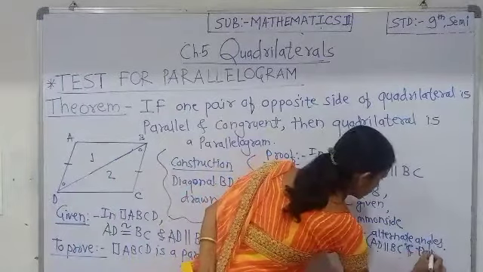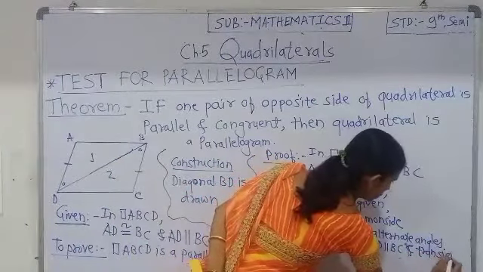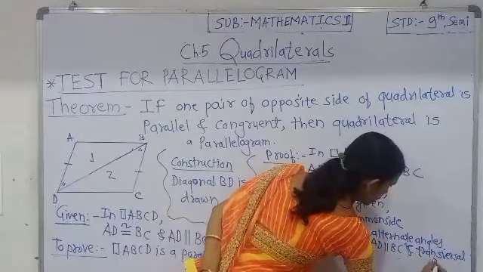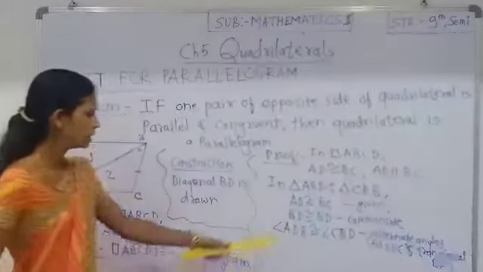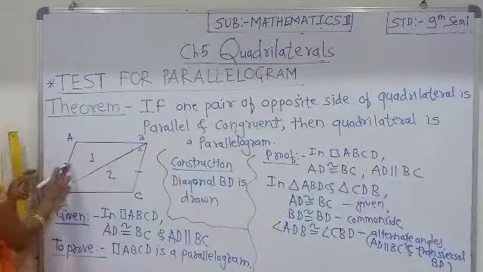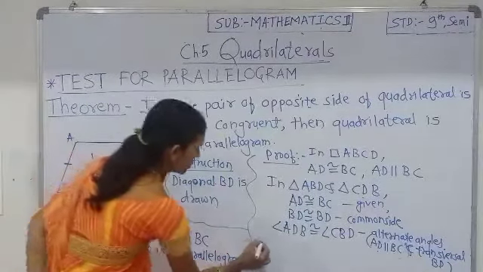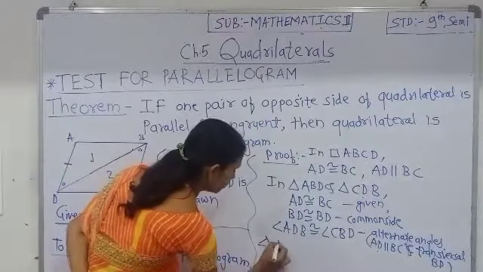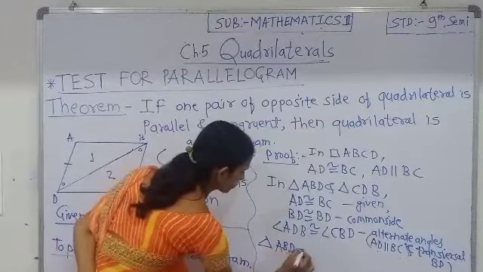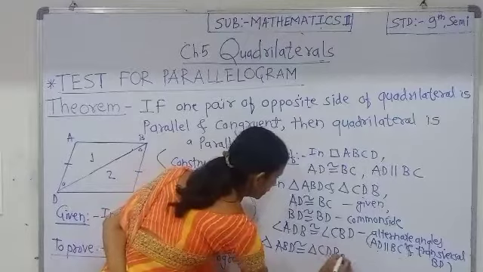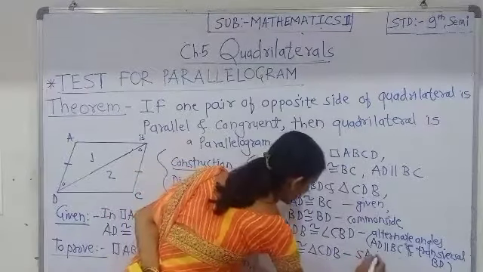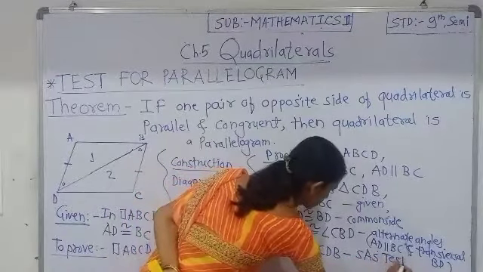Then those two triangles are congruent. Therefore, triangle ABD congruent triangle CDB by SAS test.